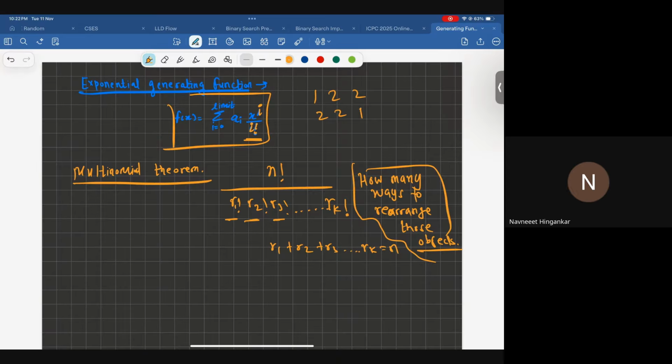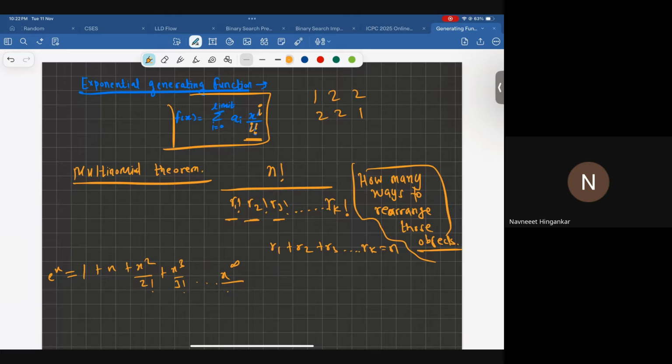And the other part of EGF is, let's consider a very simple series, which is 1 plus x square by 2 factorial, x cube by 3 factorial, up to x raised to the power infinity upon whatever, right? So this series can be represented as e raised to the power x. So let's say I need only even powers, or odd powers.